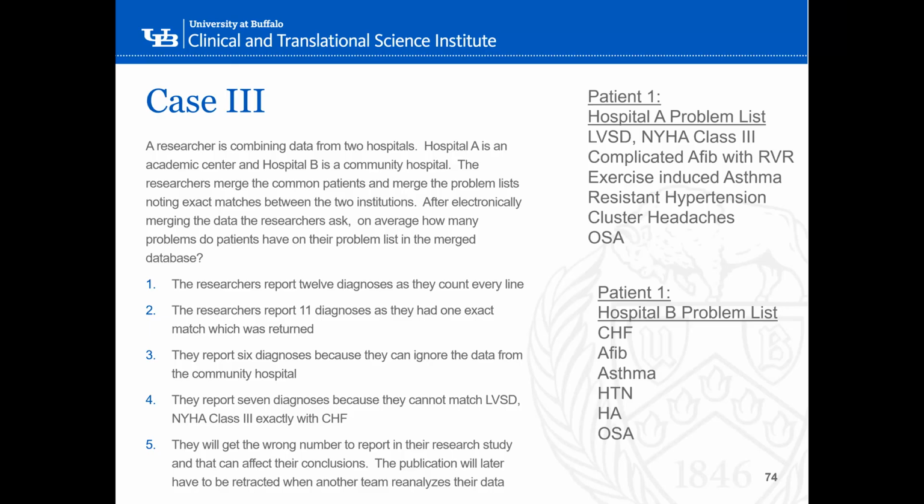After electronically merging the data, the researchers asked, on average, how many problems do patients have on their own problem list in the merged database? Okay, please read the choices. No, you don't have to. People read them on their own, and then put in the chat what you think the right answer is.